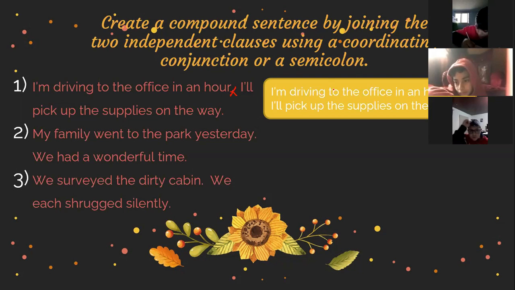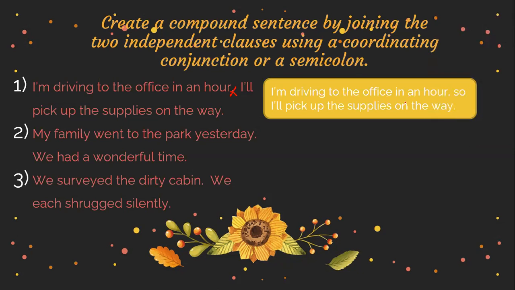Or if you want here, you can use a semicolon. Here you can use so or and, both are correct. I can use and also, no problem. You can use just a semicolon. You can cross out the period and add a semicolon, and then you will make a compound sentence.